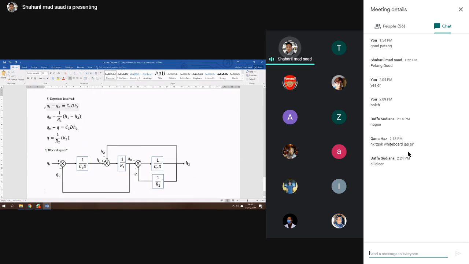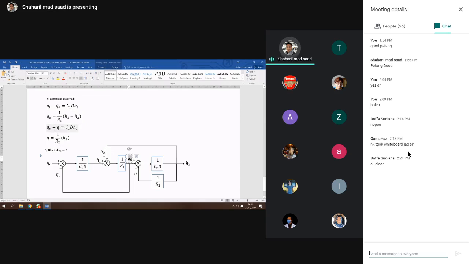You can start from the input, or you can start from the output itself. Let's start from the input: Qi minus Q naught, times 1 over C1 D, and then you get H1. Then you solve equation number 2, H1 minus H2, times 1 over R1, and you get Q naught.